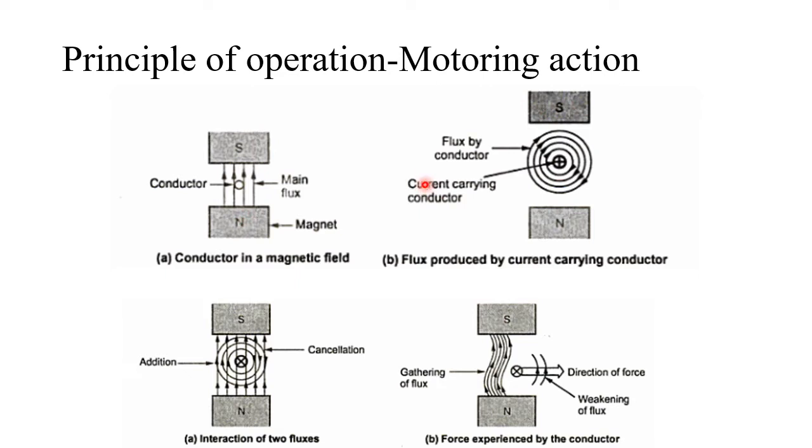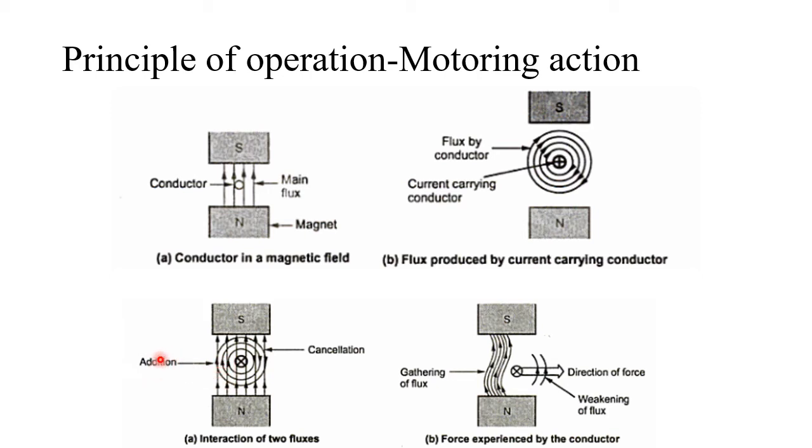In the third diagram you can notice the interaction of the two fluxes. There are magnetic lines of force due to the magnet, and another flux due to the current carrying conductor. On the left hand side, both flux directions are the same, which means it aids, it is an addition.